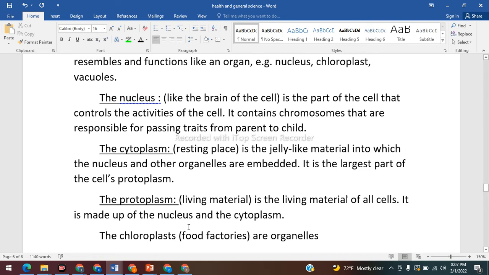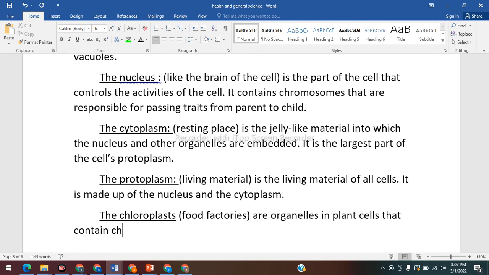So the chloroplast. Take down these notes for me. The chloroplasts are organelles in plant cells that contain chlorophyll. This is where photosynthesis takes place.